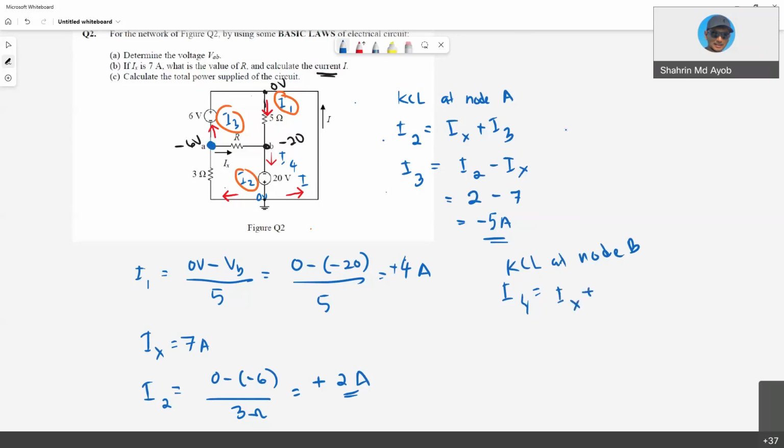So Ix plus I1 is equal to I4. So this one is actually equals to Ix is 7 and I1 is 4. Okay? So this is 11 amperes.